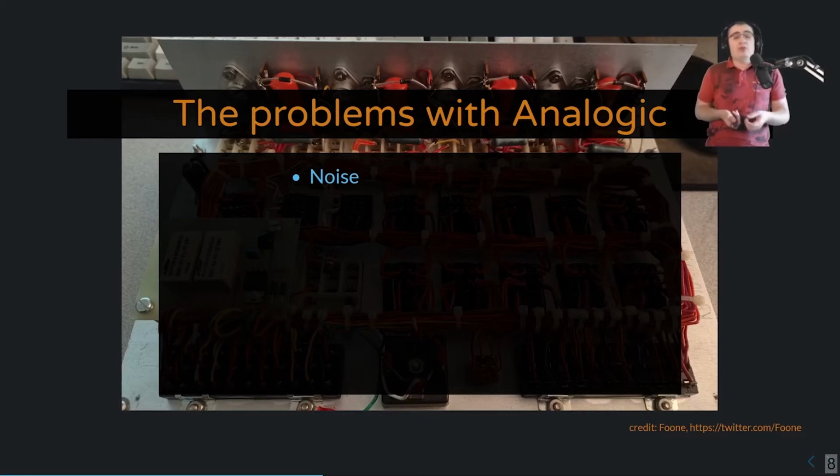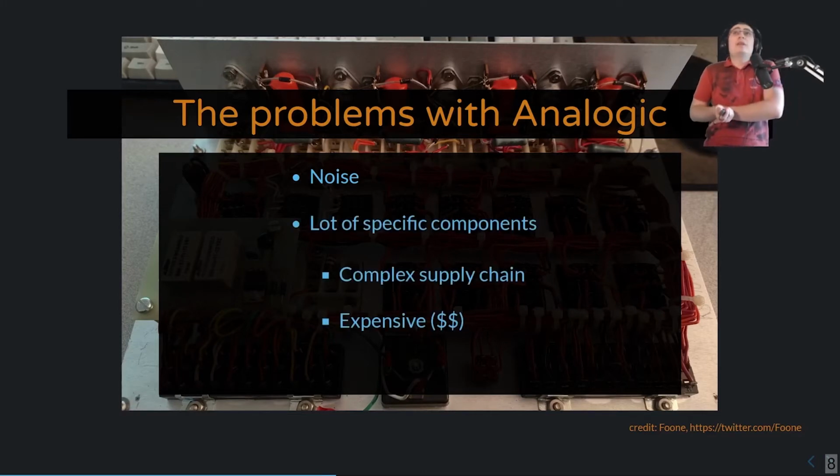You can reduce it with better components, more expensive components, but there are limits to it because it's a rule of physics. You cannot beat it. Another problem is that each of these components has a really specific function, right? What that means is that if you want to build anything with it, you will need a lot of components capable of really specific functionalities that are really rare.